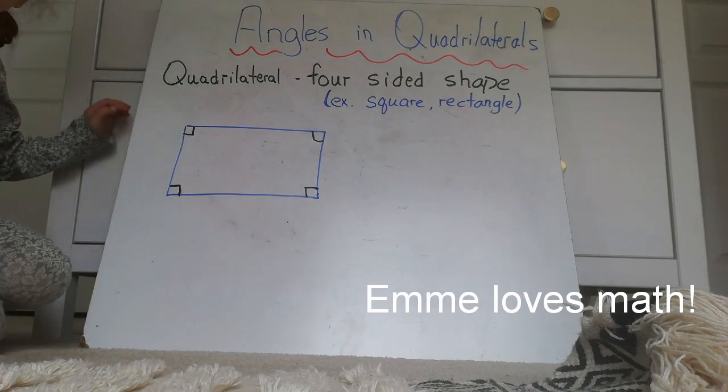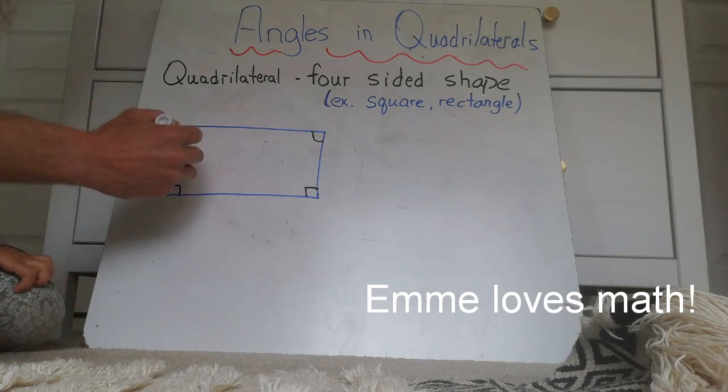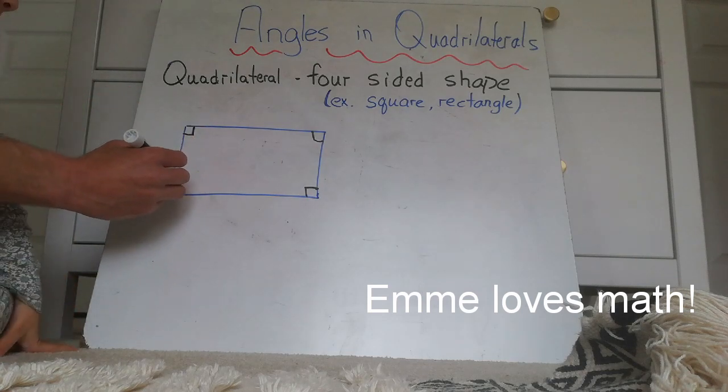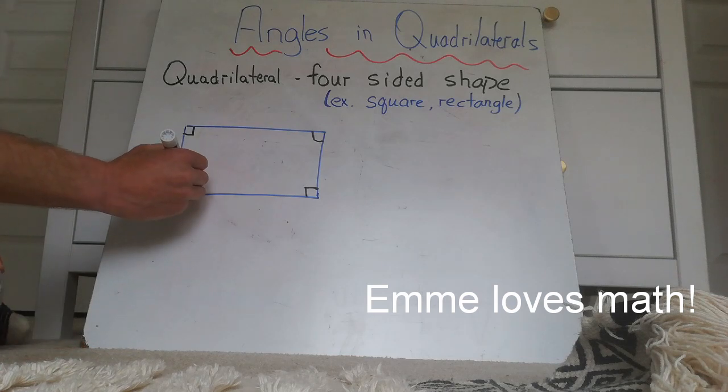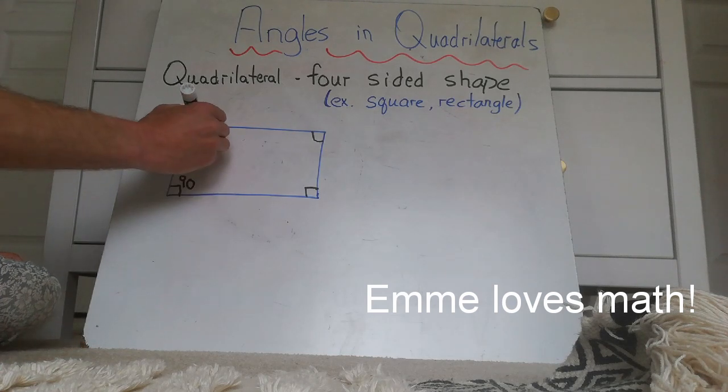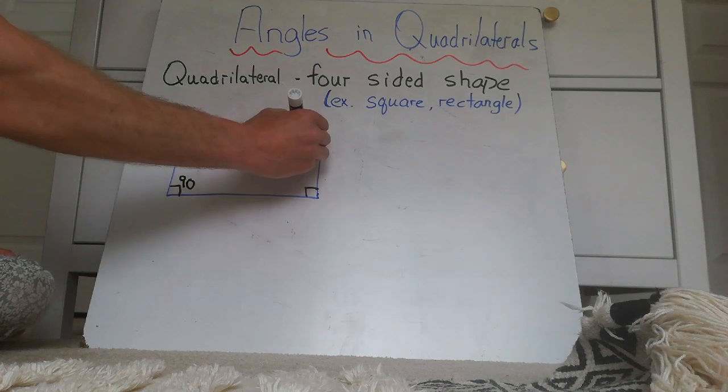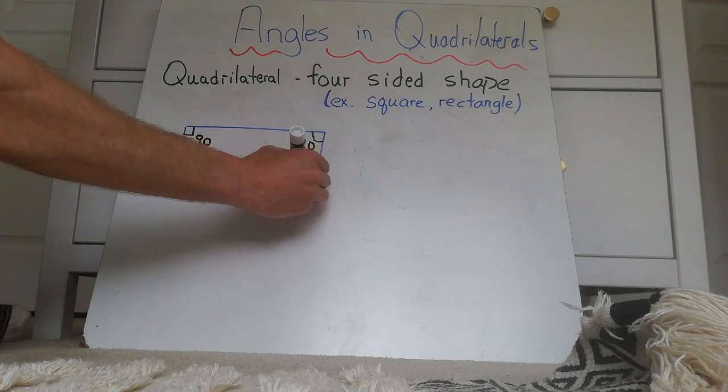So all four of these angles, you might see this little square shape here, are 90-degree angles. 90, 90, 90, 90.